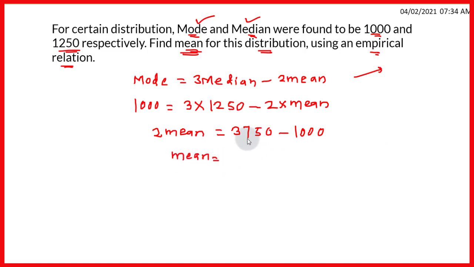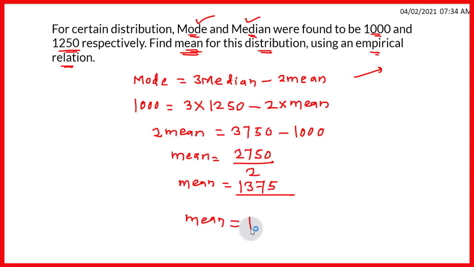So mean is equal to 3750 minus 1000, that will be 2750, divided by 2. If you divide this by 2, you will get the value of mean, that is equal to 1375. So the mean that is asked of us is 1375. Highlight your answer so that your answer paper becomes examiner friendly.